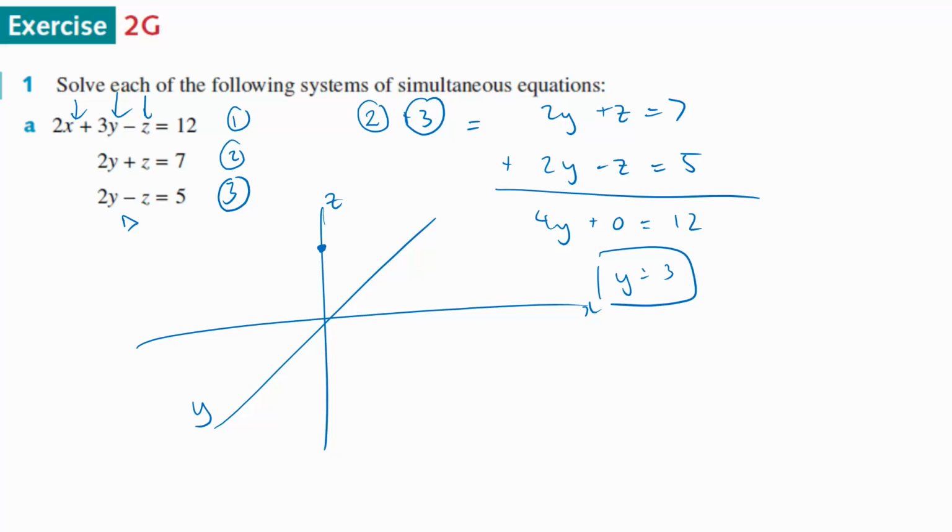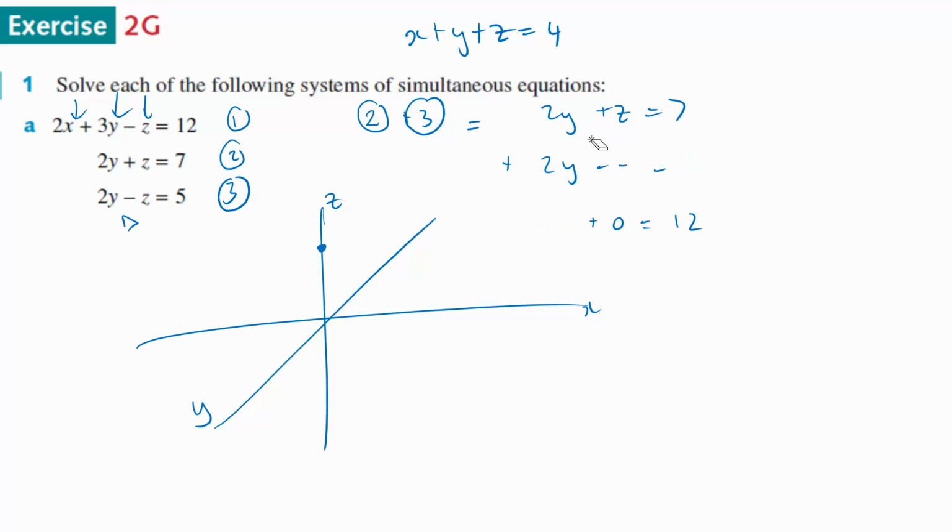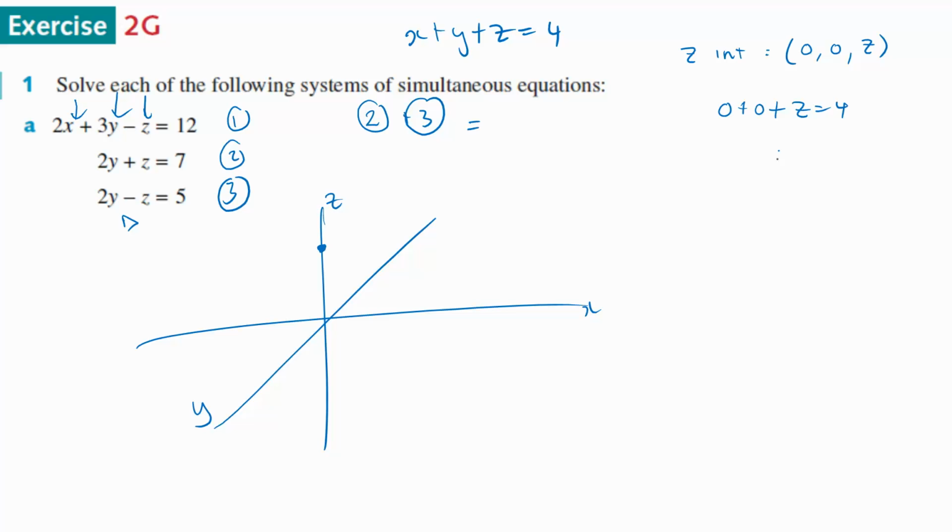If I gave you, let's say, x plus y plus z equals 4, you can look at this and say, what does that shape look like? Find out the z-intercept. The z-intercept would occur when x is 0, when y is 0, and z, I don't know. If you sub that in, you get 0 plus z equals 4. So that means 0, 0, 4 is my z-intercept.